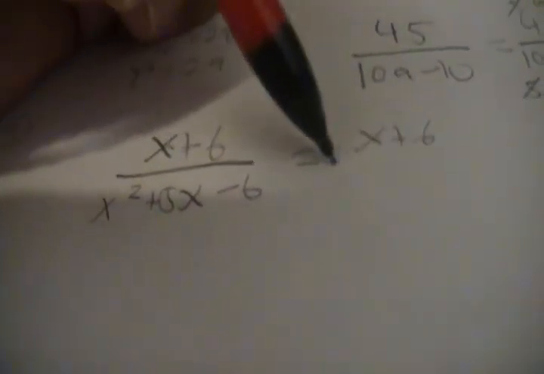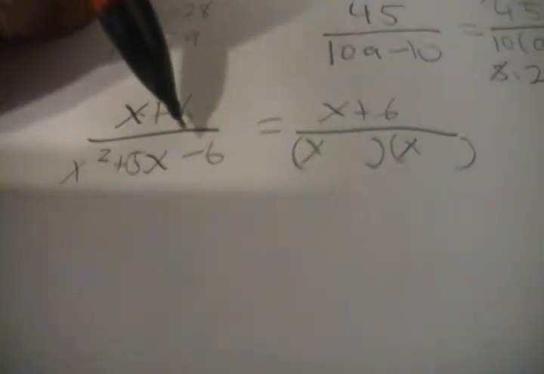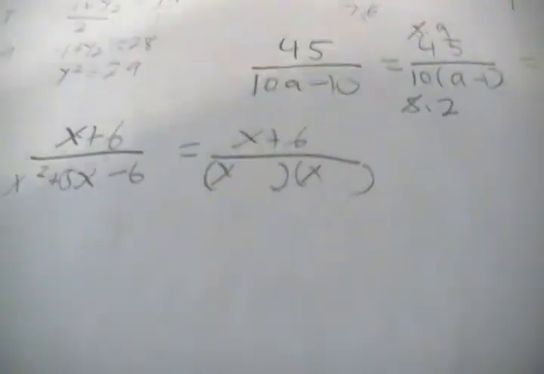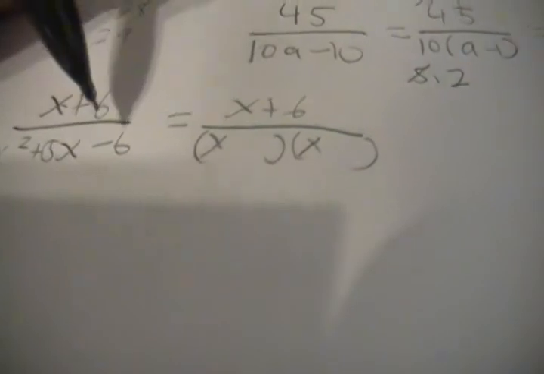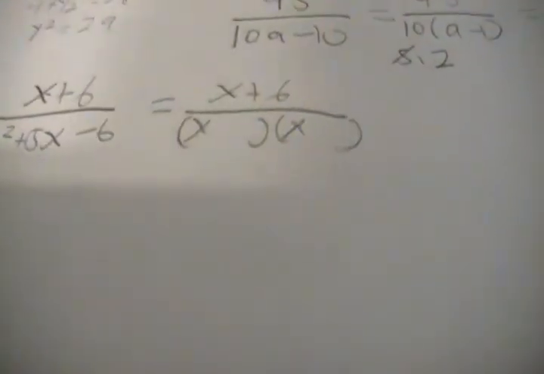So I have x plus 6 over, and to factor this trinomial, we create two binomials. We have an x and an x, because x times x is x squared. Now we have to think about the factors of 6 that will make 5.